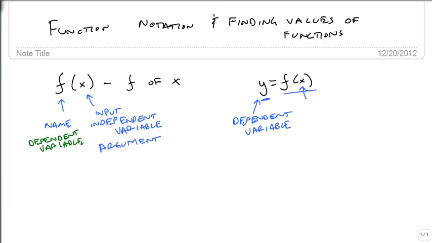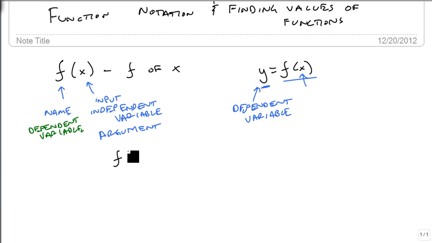Now, one more thing to specify is that f of x is the value of f at x, meaning when I see f of x, that's the output value of the function. So let's look at a couple of examples, and let's actually use f of x equals 2x squared minus x, and let's evaluate.